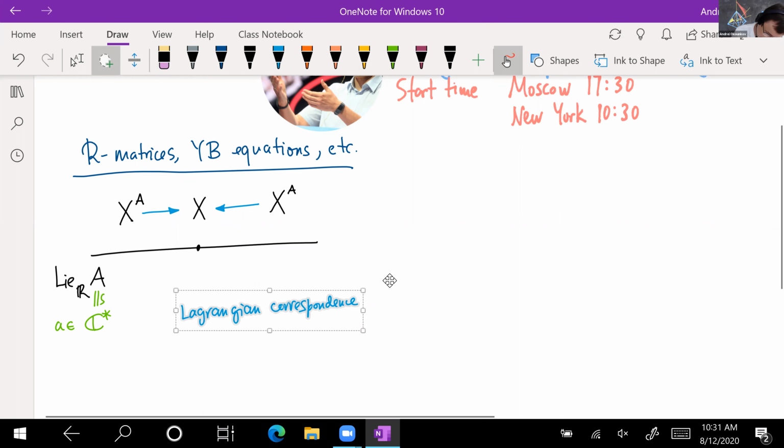And now if I want to go intermediate, here I have an intermediate stop. Maybe there's some intermediate torus. And then if I'd like to get from this intermediate torus to here, I have to shift it by an amount which is determined by the index.